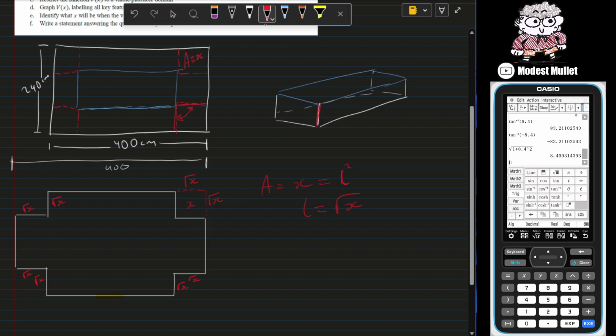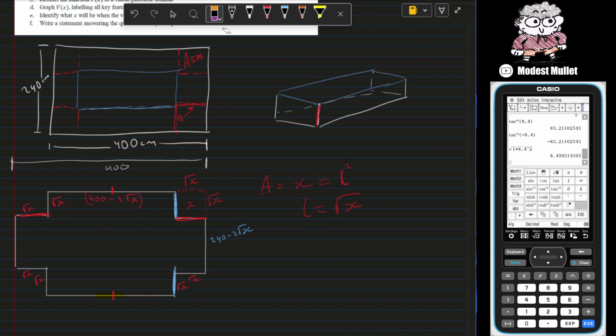Well, if it's 400 all the way across, and we know there is square root X at each end, that leaves us with 400 minus 2 square root X. That's the same there and there; both of those will be 400 minus 2 root X. We can apply the same principle to the sides: if we know that bit there is square root X and that bit there is square root X, and the whole thing was 240, the remaining bit will be 240 minus 2 square root X.